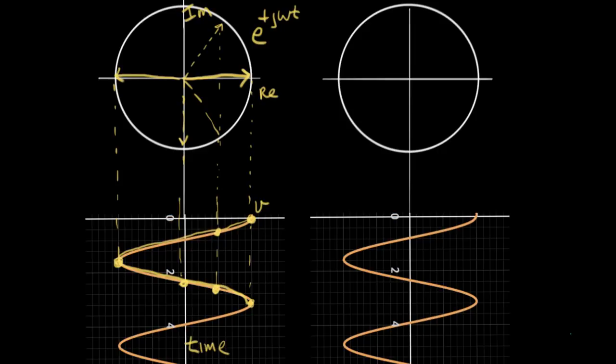Okay, so let's do it again, but this time we'll go over on this side, and we'll plot e to the minus j omega t. All right, and so this, again, is the real axis, and this is the imaginary. And this is the voltage axis, and this is the time axis. So let's start out again.